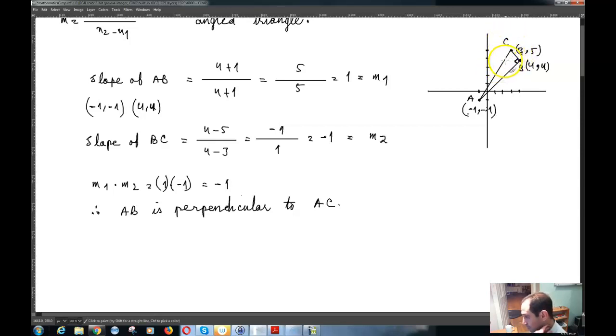But of course there are a few more things that you need to show to actually prove that this is a right angle triangle, meaning that you have to at least show that, for example, the 3 points are not collinear, and so on and so forth. But to just show this very loosely, we have shown that these two lines are perpendicular.